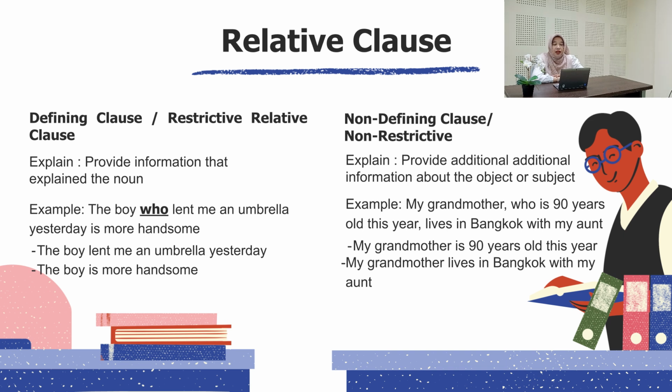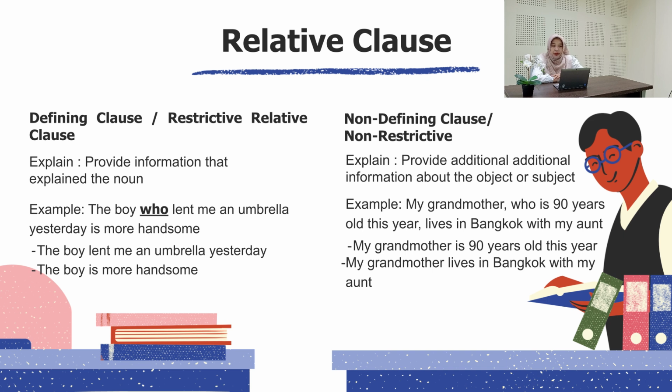Okay, now let's go to the non-defining or non-restrictive clause. Before the example, I would like to explain. It provides additional information about the object or subject. Now let's get into the example.